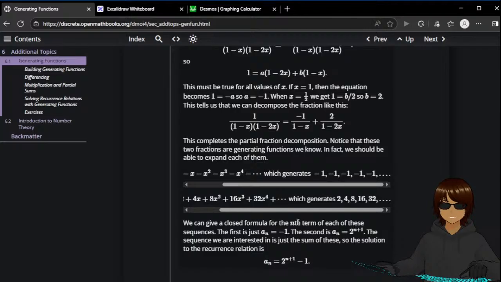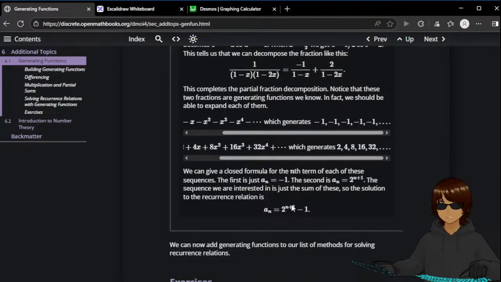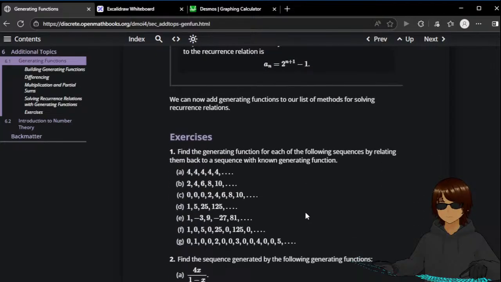We can give a closed formula for the nth term of each of these sequences. The first is just a_n = -1. The second is a_n = 2^(n+1). The sequence we are interested in is just the sum of these. So the solution to the recurrence relation is a_n = 2^(n+1) - 1.